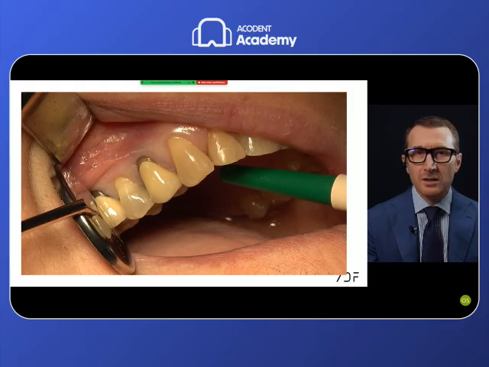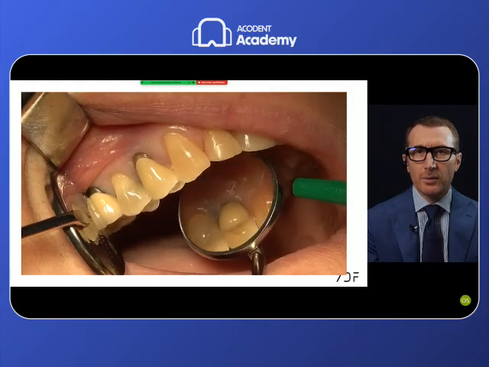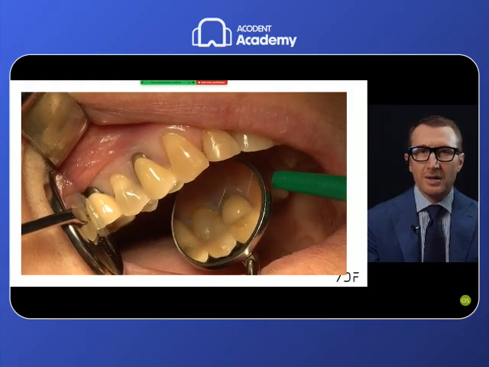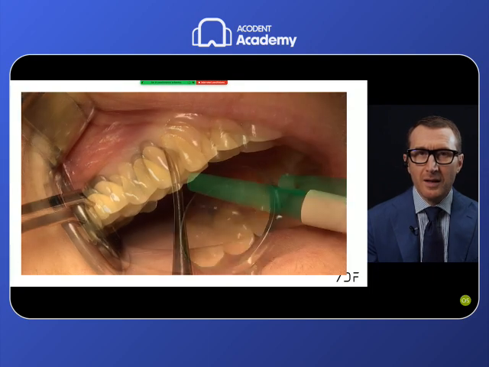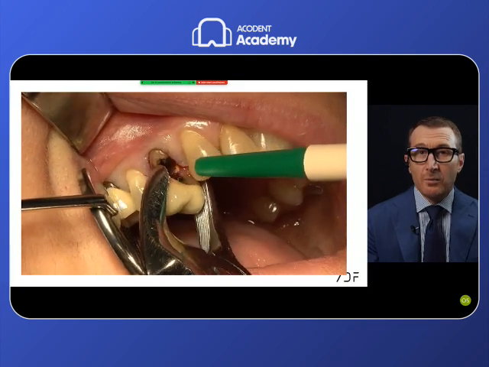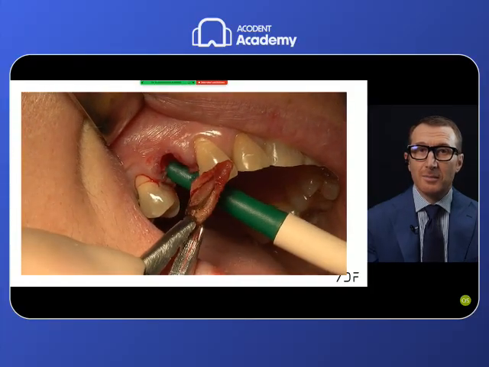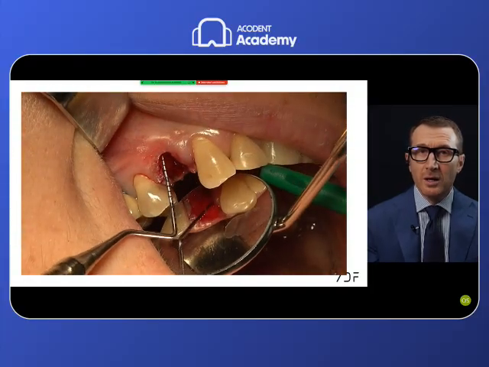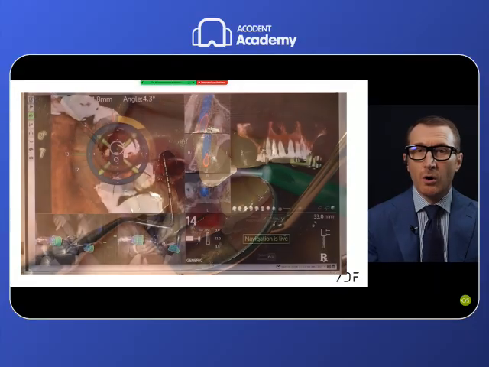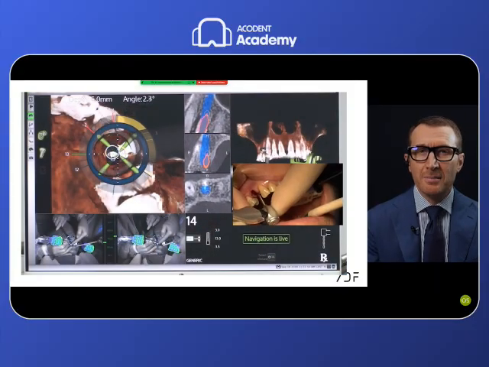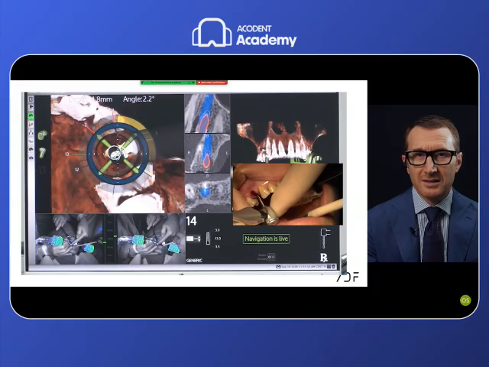And we may consider to perform this type of approach even without placing any type of graft material, just giving the stabilization of the coagulum, we may see no or very, very limited alteration of the buccal side.